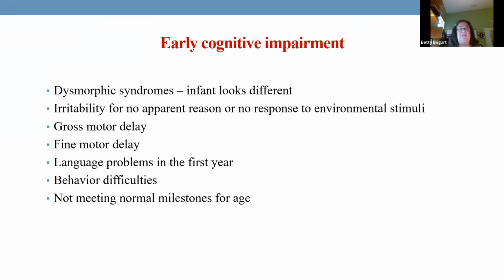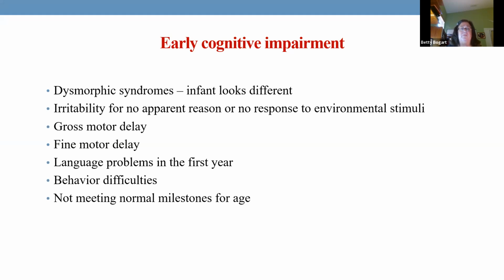You can also tell, like if you are in a classroom or in a daycare and you see a child, you know they have cognitive impairment because they're irritable all the time, really for no reason. And even with what's going on around them, they're not paying attention. It doesn't bother them. Okay.